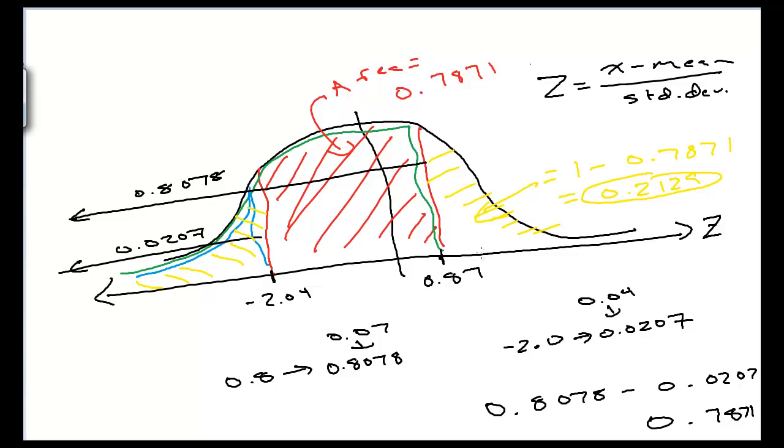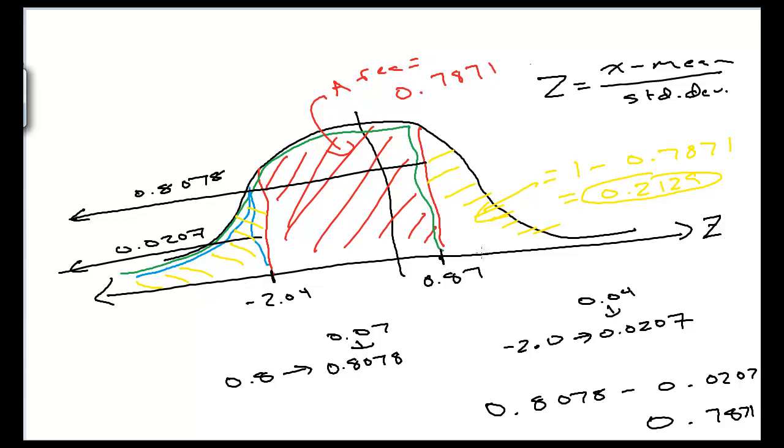Now that brings us to interpretation of this, and our interpretation is any of these areas under here mean one of two things. Either this is the proportion of the population that has this attribute. So the proportion of the population that has an IQ between, and I'm making up numbers here, let's say 110 and 60.